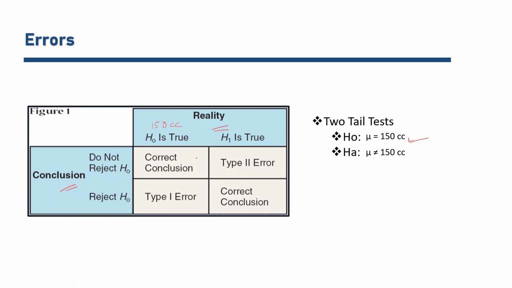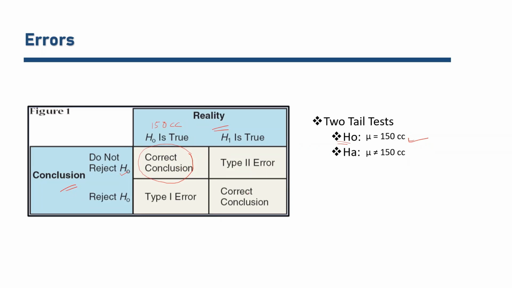And we concluded this based on the test that yes, this is true, and we do not reject the H0, right? So in reality, it was 150 cc, and based on our sampling, we found it 150 cc. So both are a correct conclusion. So we did not reject the H0. Okay. So this is something which we need to understand.